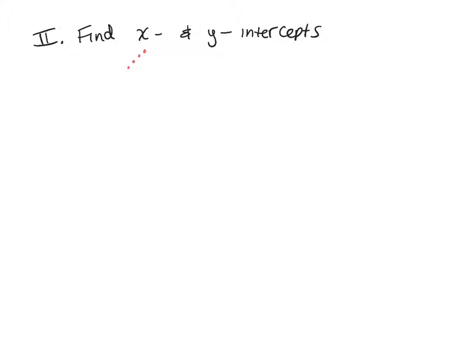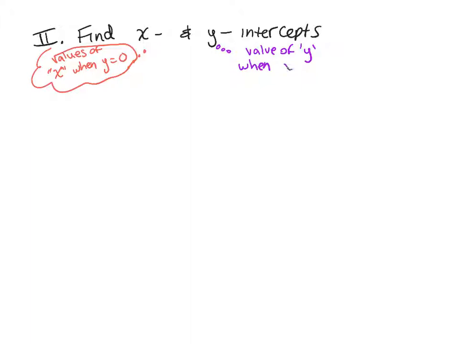Nice. The x intercepts are the values of x when y is equal to 0. That's it. The y-intercept is the value of y when x is equal to 0.